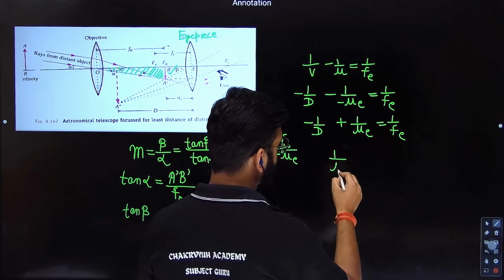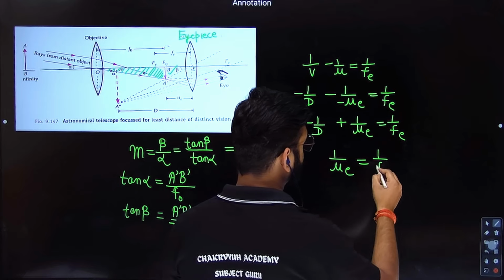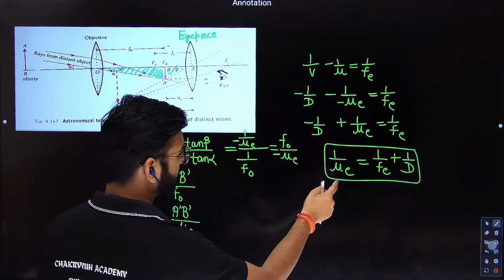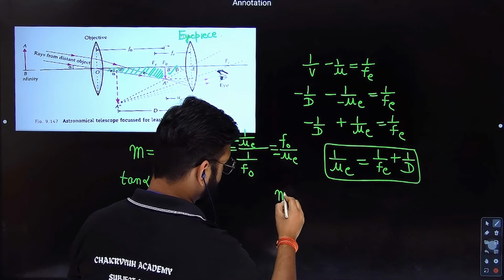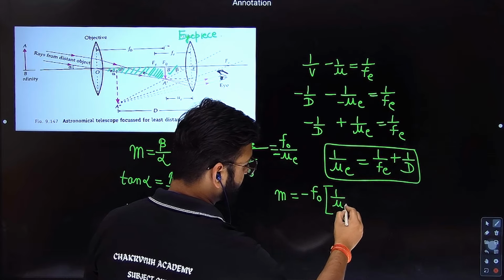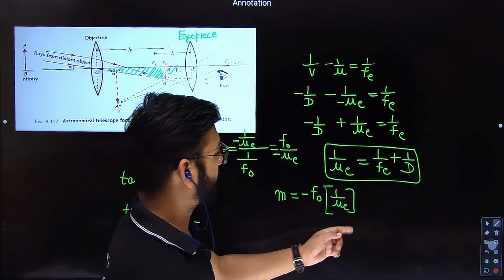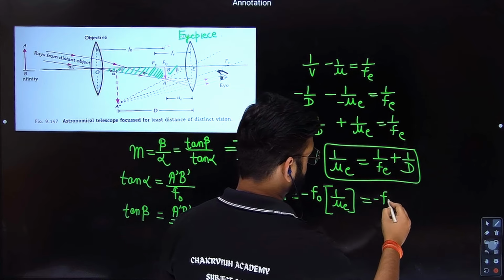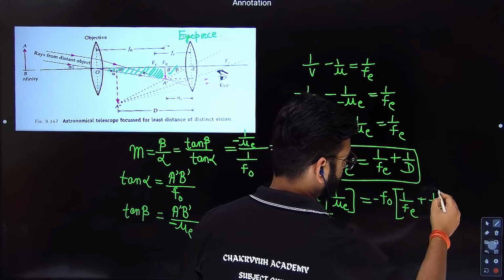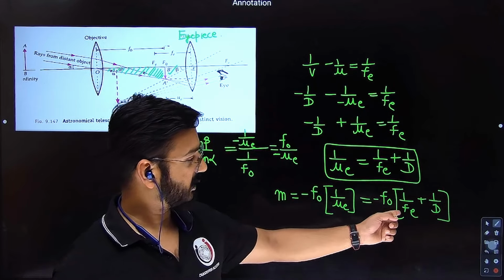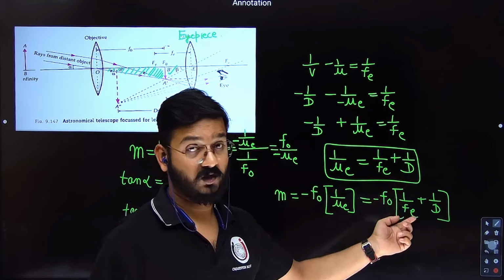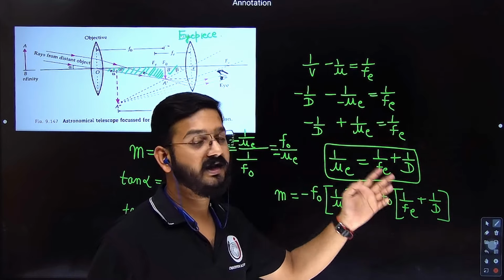So from here 1 by UV will be 1 by FE plus 1 by D. Now we will put 1 by UV here. Since magnifying power is minus F naught into 1 by UV, put 1 by UV here. So minus F naught into 1 by FE plus 1 by D. We can take FE common from this bracket, or you can say I will multiply and divide by FE.